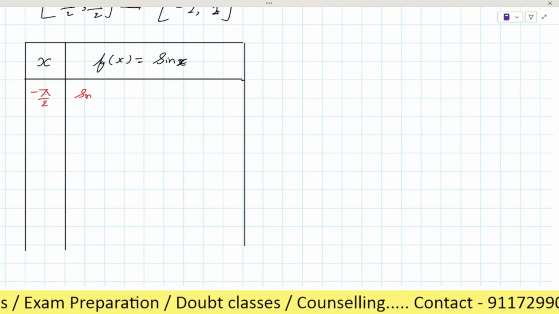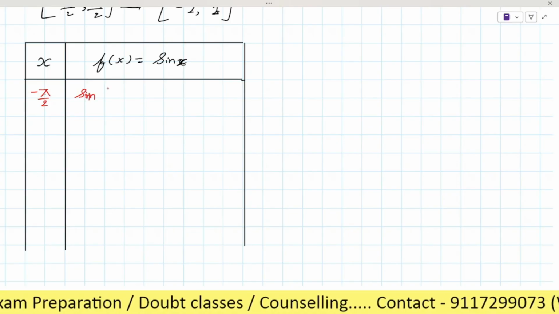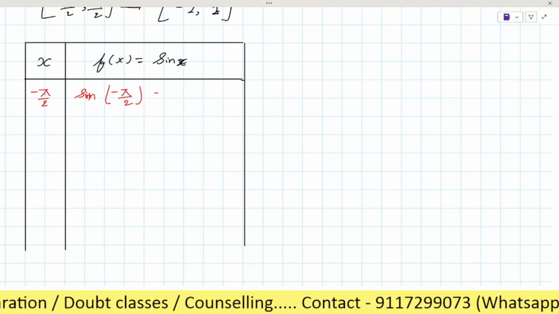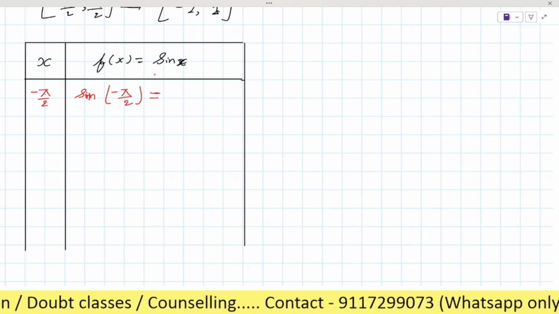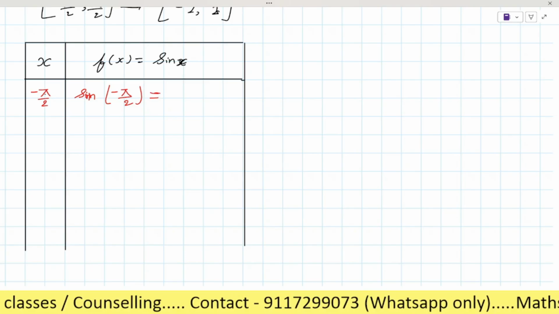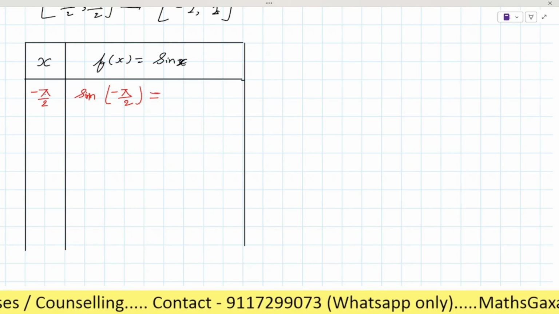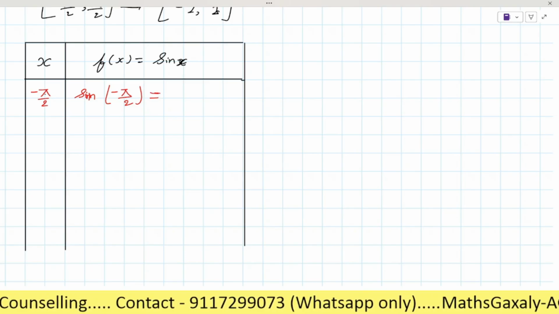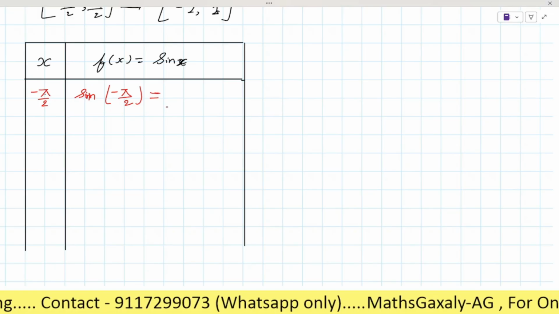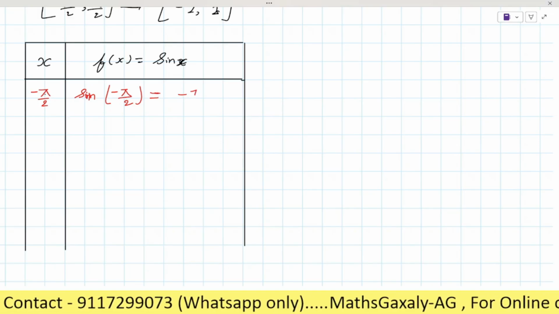We will get sin of minus pi by 2, right? As we know, pi by 2 means 90 degree, its value is 1. So when it is minus 90 degree, its value will be minus 1, right?